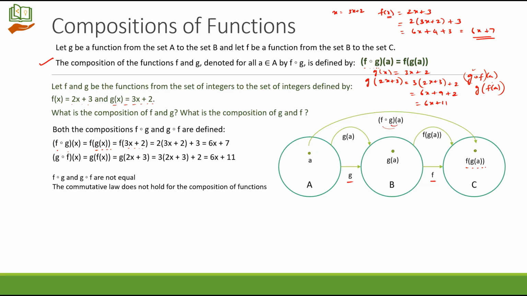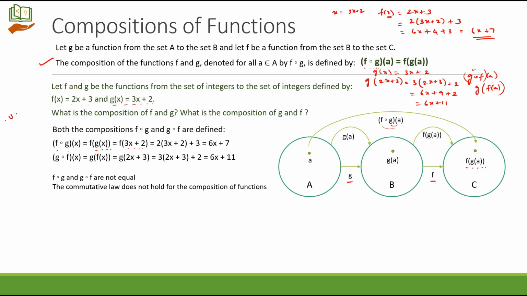The commutative law does not hold for the compositions of functions. What is the commutative law? When you have A union B, that will be equal to B union A. When you have A intersection B, you will have B intersection A. When the particular sets are interchanged with an operation, the result will be the same.